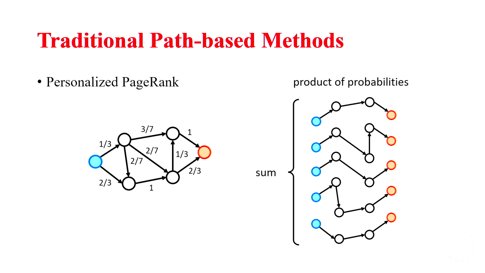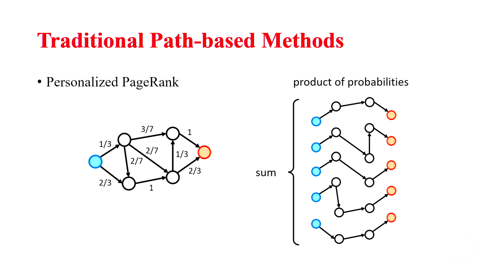So to better understand what we did, it's worth talking a bit more in detail about specific path-based methods. For instance, PageRank really considers the set of all paths between two nodes, and each path is weighted according to the product of the probabilities on each edge. So if we have a probability 1/3 on an edge, we multiply all these probabilities together.